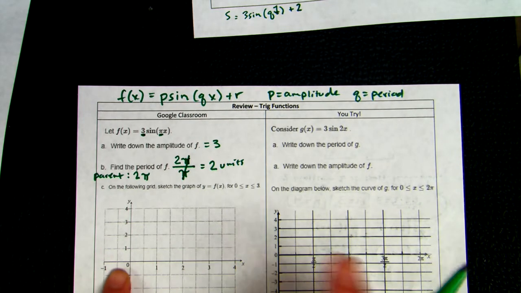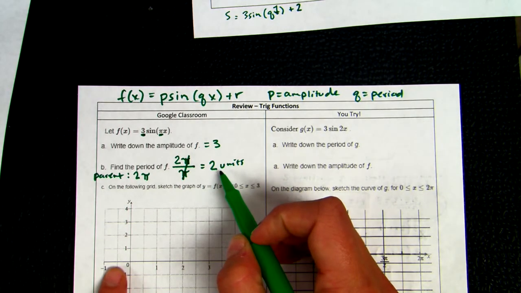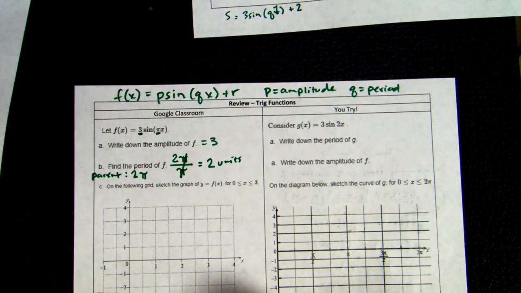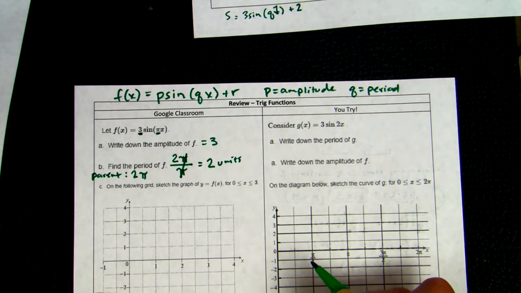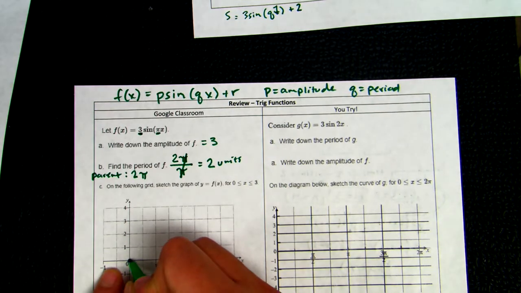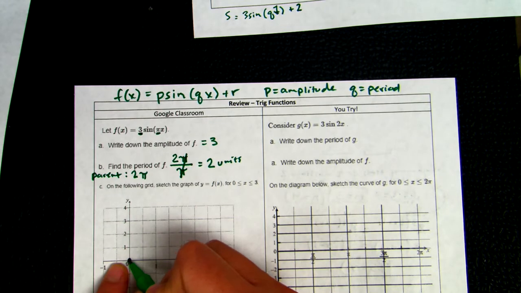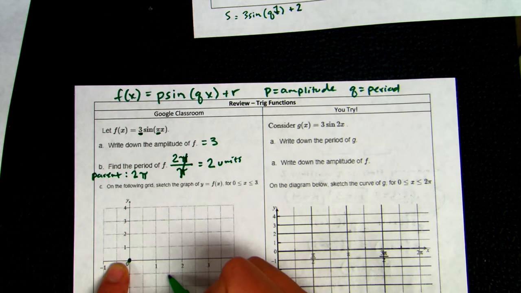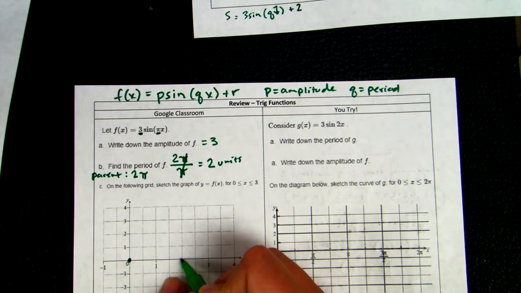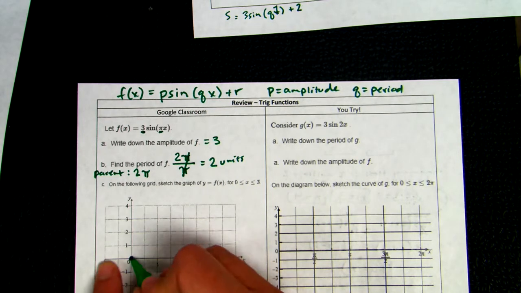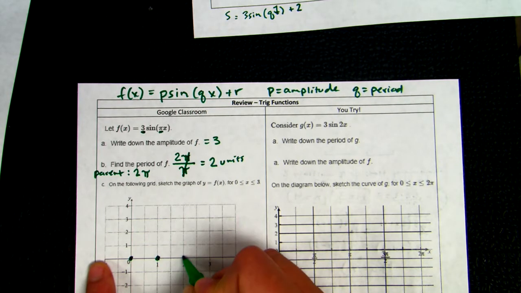Mine's going to repeat every 2 units, so the period is going to be from here to here. This is going to be the new period of my function, and there are 5 points that I have to plot. For the parent function, it goes 0, 1, 0, negative 1, 0 again. That fits within my period of 2 for this function. So I know I'm going to have an x-intercept here, an x-intercept here, and an x-intercept here.